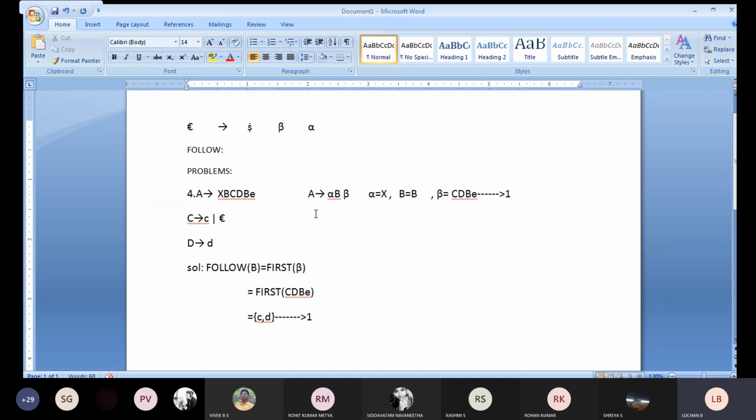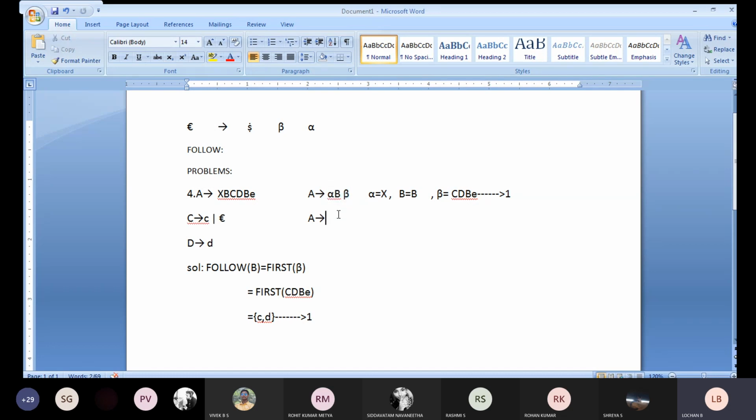One more possible case you are going to get. I'll show you once again here. In this particular case, you are going to get B and E. So in that particular B and E, you can take one more format like A implies alpha B beta.